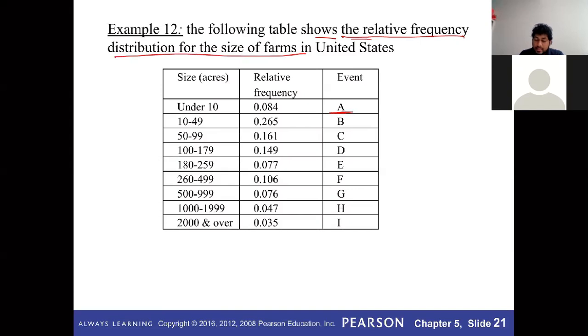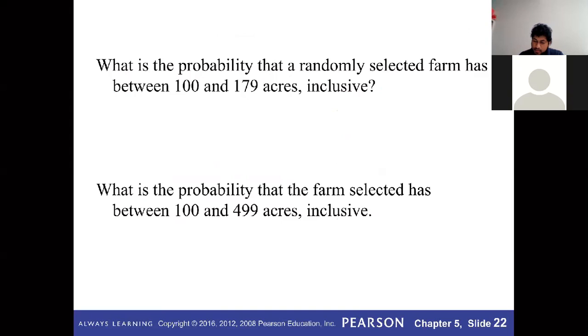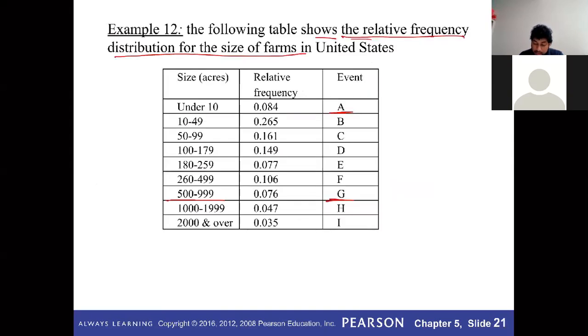They consider size under 10 as event A, and for example, somewhere here they consider sizes between 500 and 999 inclusive as event G. Let's try to find one question: what is the probability that a randomly selected farm has between 100 and 179 acres inclusive?